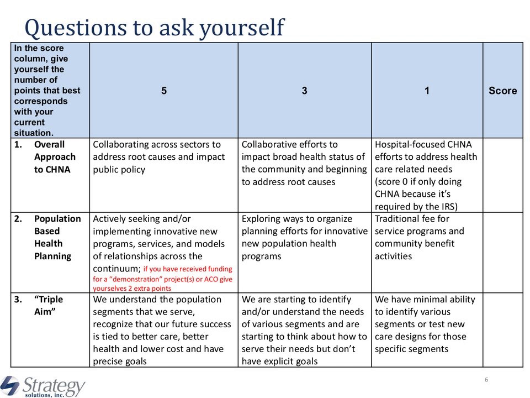You would give yourself 1 point if your hospital is really only focused on an internal needs assessment and an effort to address healthcare-related needs only. And I have it parenthetically there, you'd score a 0 if you're only doing the CHNA because it's required by the IRS and for no other reason.